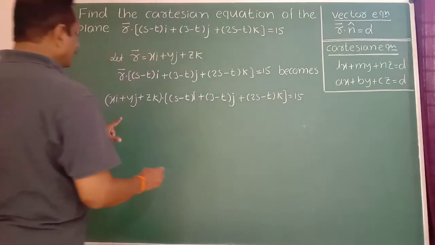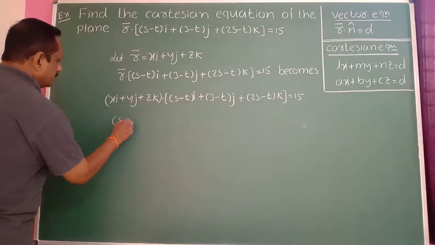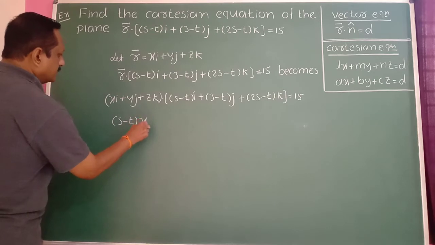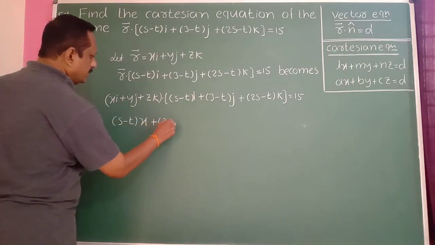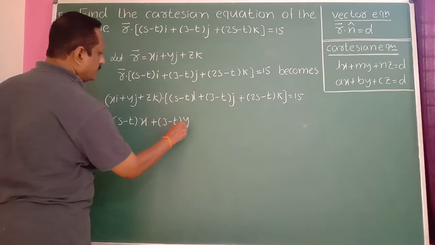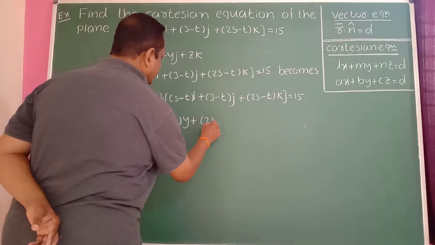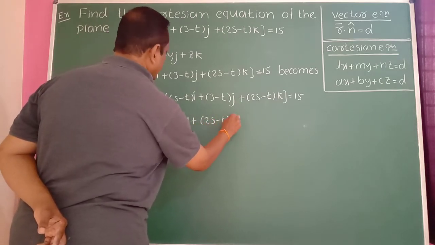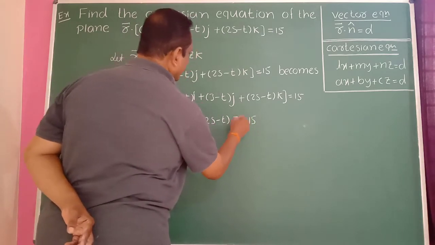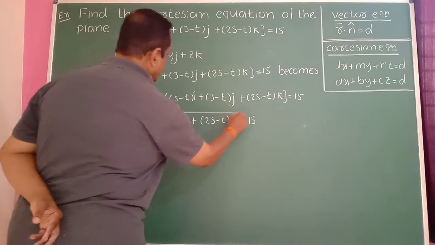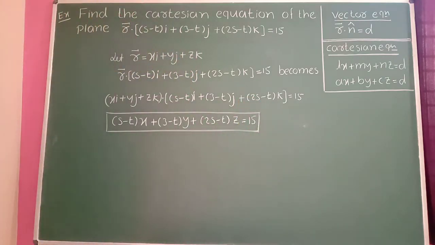The dot product gives (s - t) into x, (3 - t) into y, plus (2s - t) into z is equal to 15. So this is the equation of the plane.